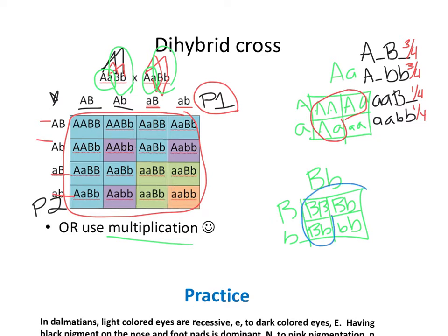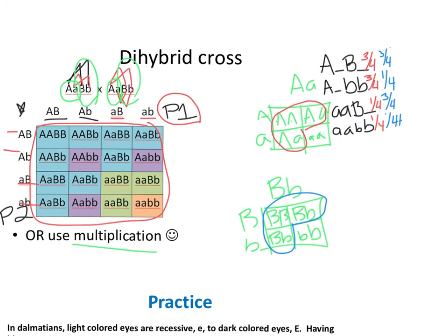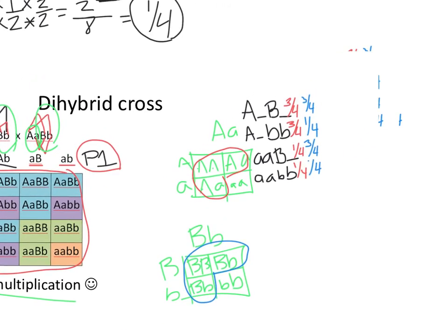I see that 3 out of 4 are big B, meaning 1 out of 4 are little b, and then I can multiply to solve. 3 times 3 is 9 out of 16. 3 times 1 is 3 out of 16. 1 times 3 is 3 out of 16. And 1 times 1 is 1 out of 16.